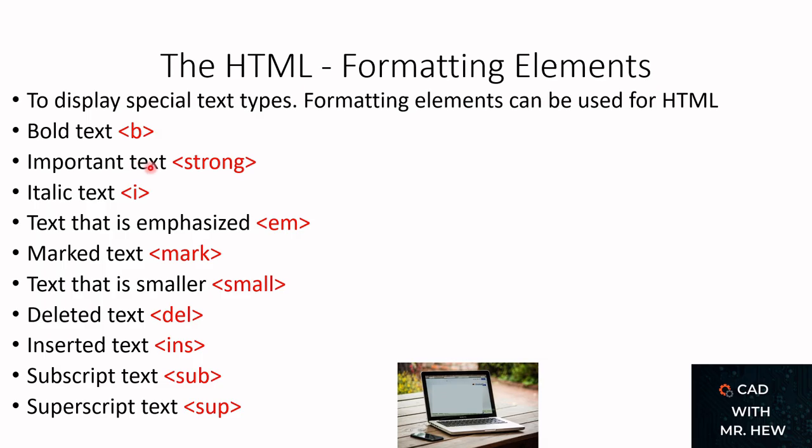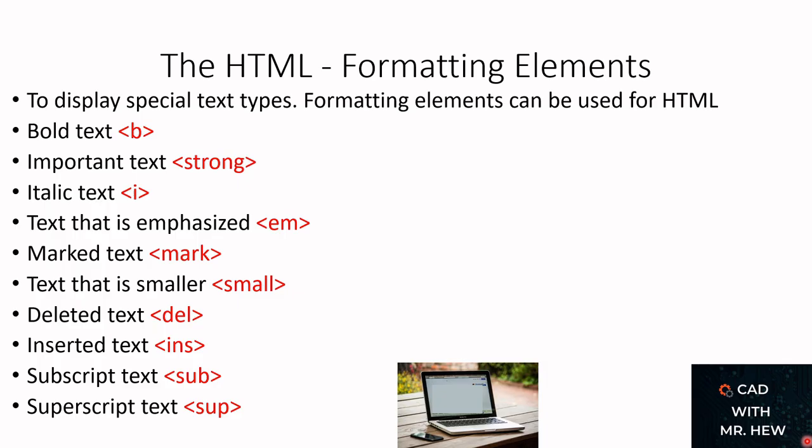For important text, we can use the word strong in the left angle bracket and right angle bracket. We can italicize text using the left angle bracket with the I between the right angle bracket. Text that is emphasized, we can use the left angle bracket with the letters EM, and then we have the right angle bracket. So these are the tags.